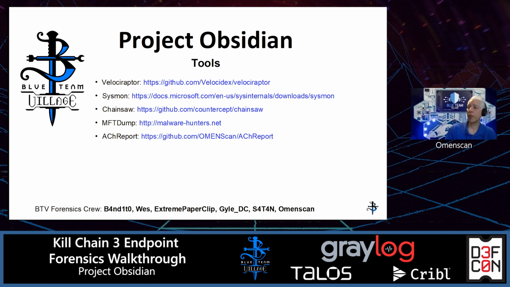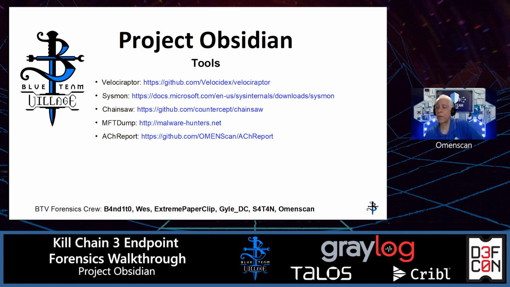Sysmon was running on the machine, so we used that as the basis for a lot of our conclusions. We ran Chainsaw on the machine to look at the event logs and identify hostile activity. Chainsaw uses Sigma rules to identify hostile activity.